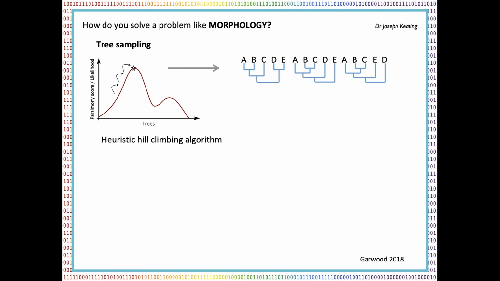These trees can be summarised using a majority rule consensus, a tree that contains bipartitions found in at least half of the most parsimonious trees, or a strict consensus, which only contains bipartitions found in all most parsimonious trees. Maximum likelihood methods also use heuristic algorithms to sample a single tree with the maximum likelihood score.